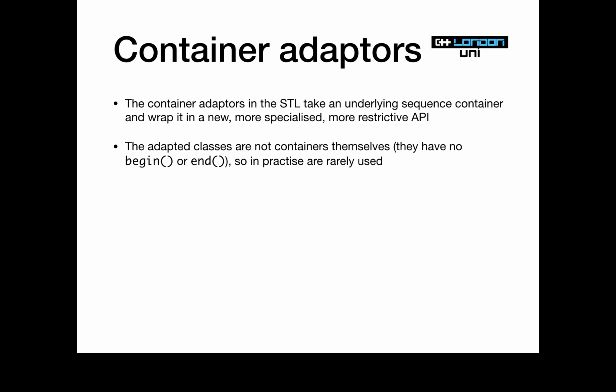I've included them here for completeness. In my experience, they're not very heavily used because the wrapper API doesn't have begin and end functions on it, so the wrapped classes are not containers, strictly speaking. You can't iterate over them. So to my mind, they're not very useful, but they exist, and I thought I should tell you about them for the sake of completeness.